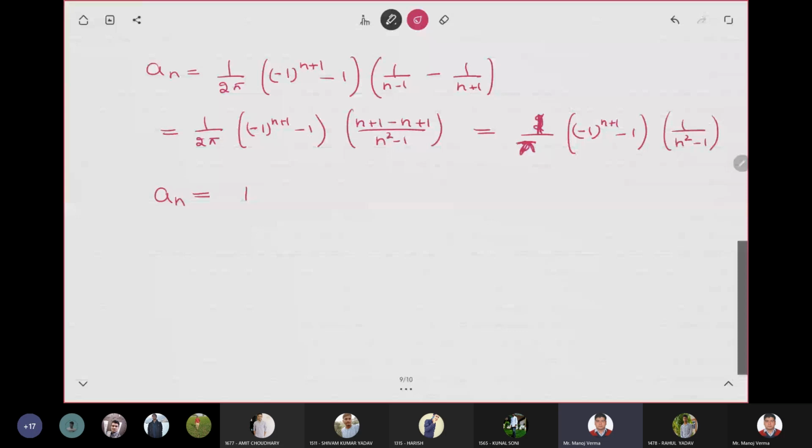For even n, it will become minus 2 over pi n square minus 1.